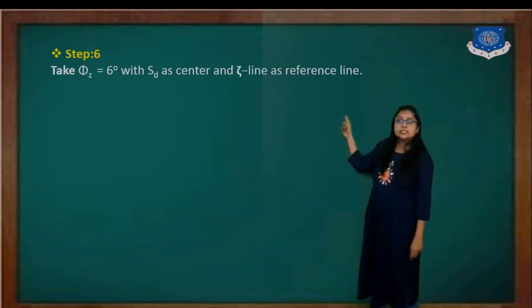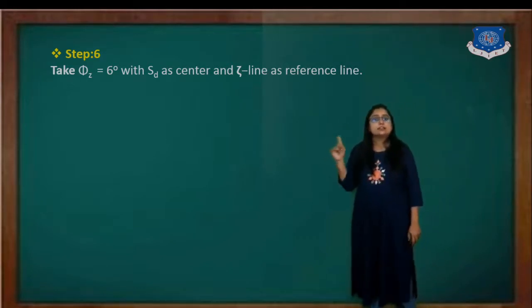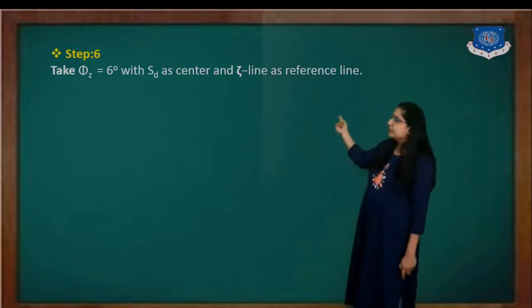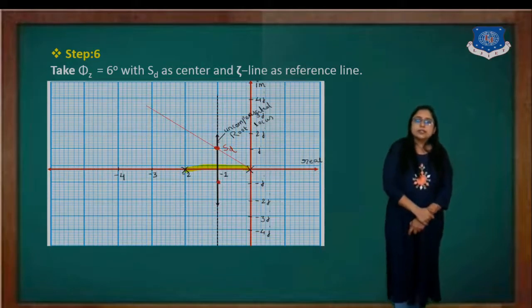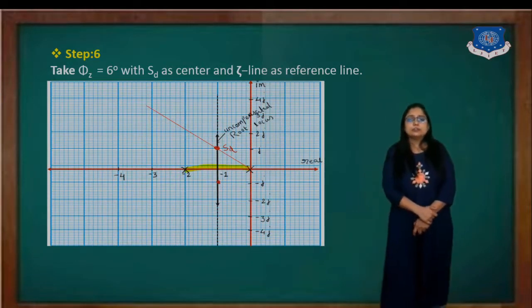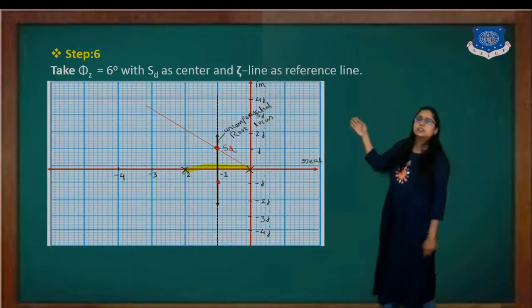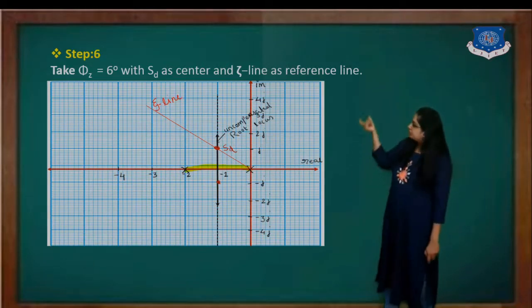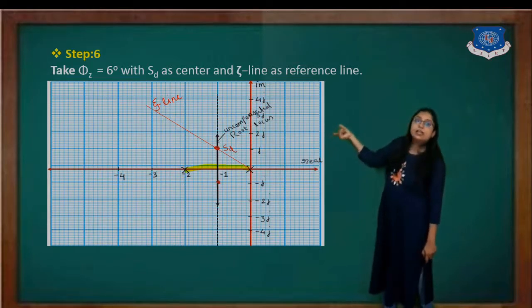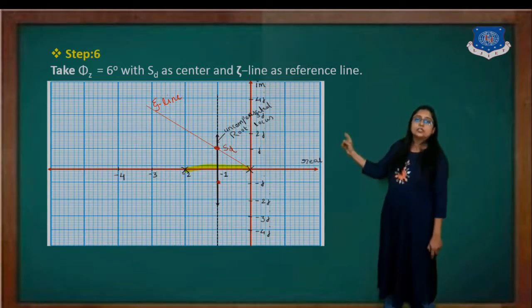With the SD as the center and zeta line as a reference line. Please remember this. In this graph, first of all, we have to draw one zeta line, a line that connects the origin to S3. That line is known as the zeta line. Now you have to put your protractor on this zeta line, and the center of that protractor is SD.